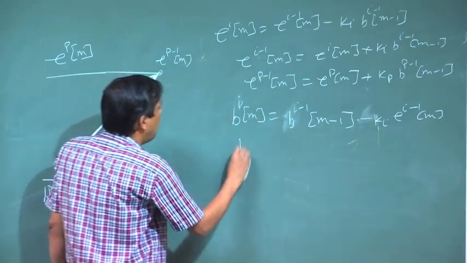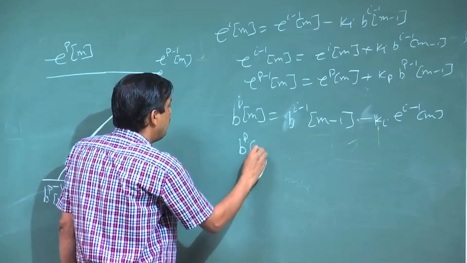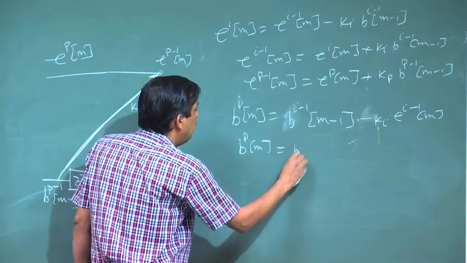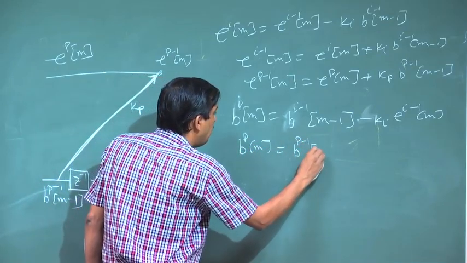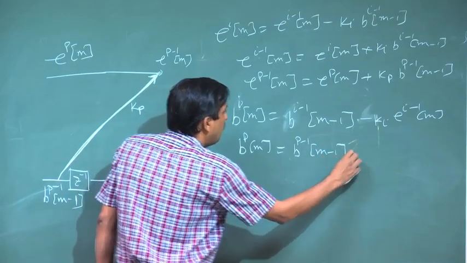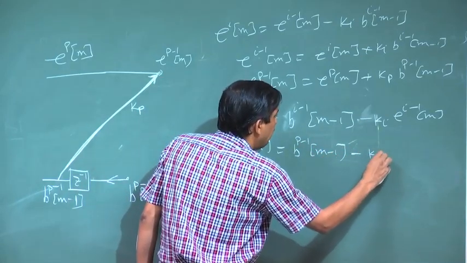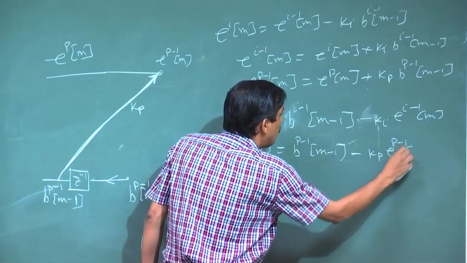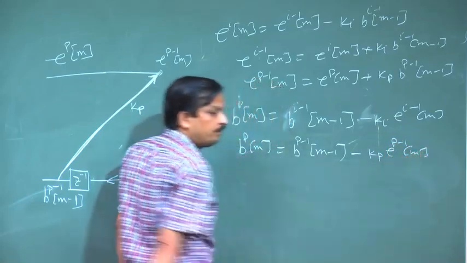Now I can say BPM is equal to BP minus 1 m minus 1 minus Kp EP minus 1 m.